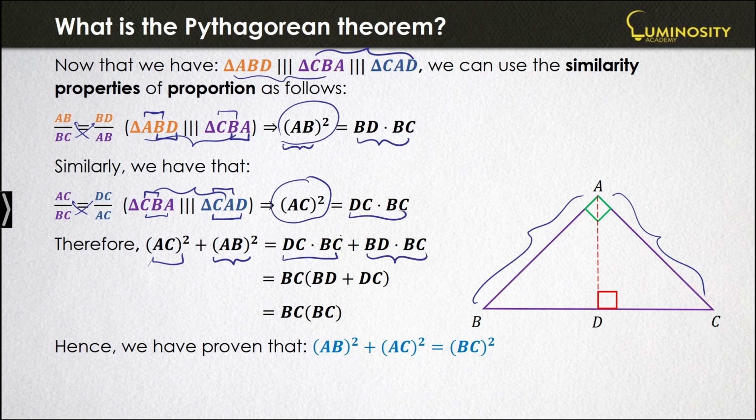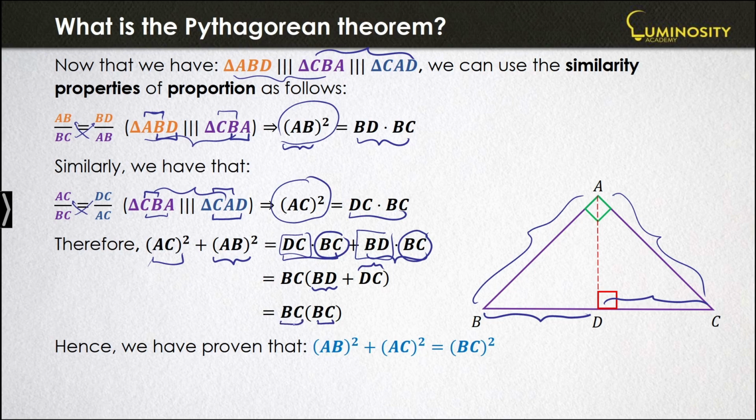Now there's a common factor of BC on the right hand side here, so I can take that out, and I'm left with DC plus BD. But what is BD plus DC? BD is this length here, and then DC is this length here. But altogether, if I add that up, that's just BC. So I have BC times BC, which is BC squared.